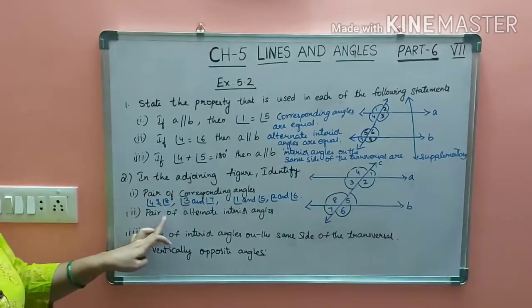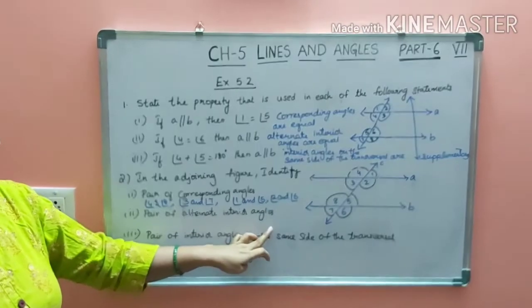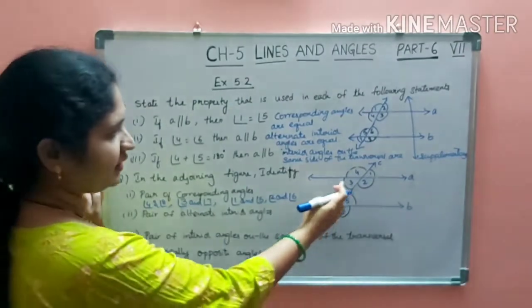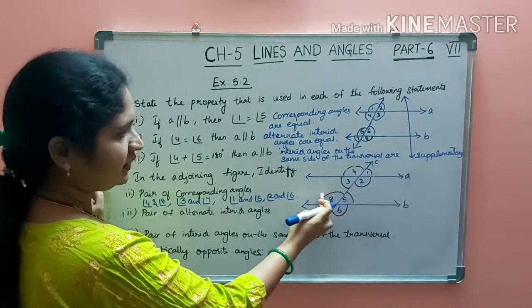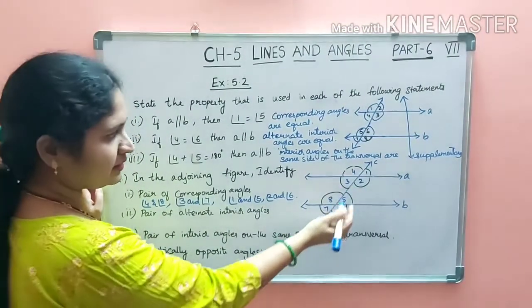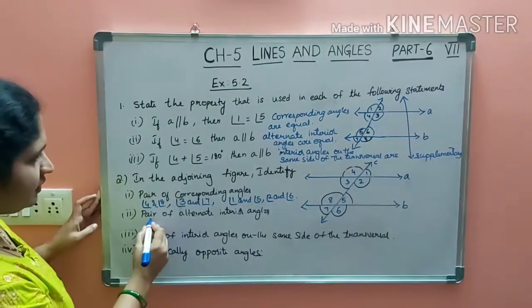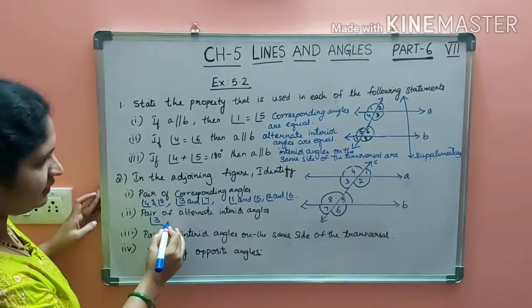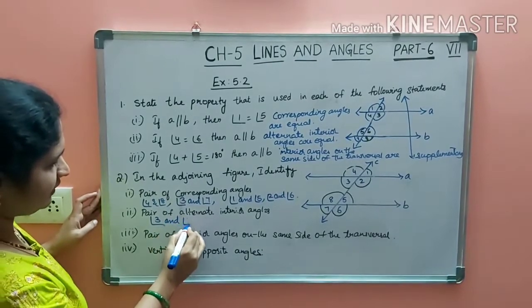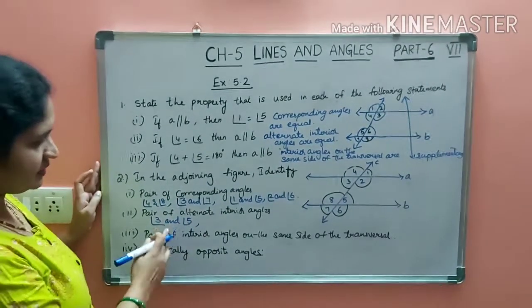Coming to second bit, pair of alternate interior angles. Interior angles are 2, 3, 5, 8. In this, alternate are 3, 5 and 2, 8. So angle 3 and angle 5, comma. This is one pair.